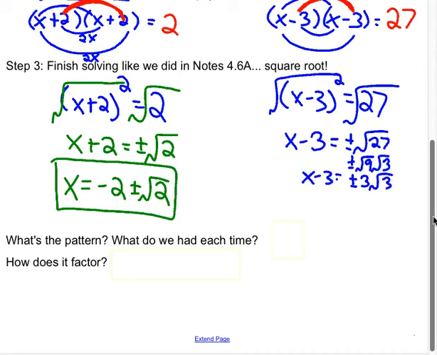Then, of course, x minus 3 still equals this. And then, of course, to get x by itself, we're going to just add that over. But then the stuff that was already here is still here.